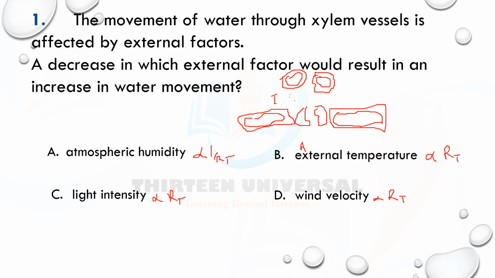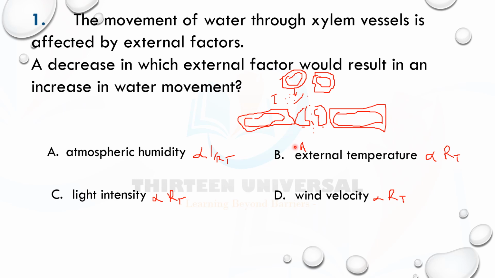Water vapor evaporates from the cell wall of mesophyll into the airspace, and then diffuses through the stomata, which are surrounded by guard cells.